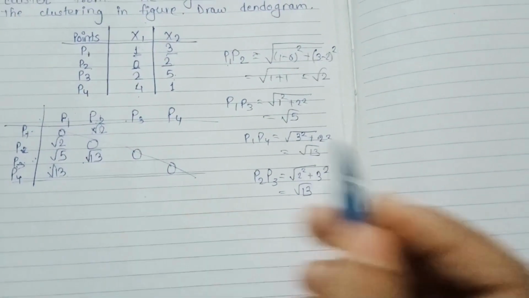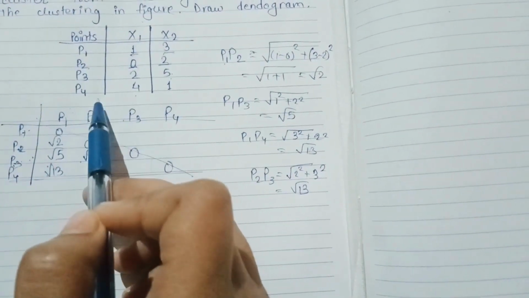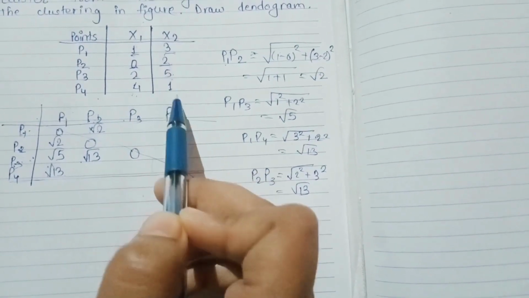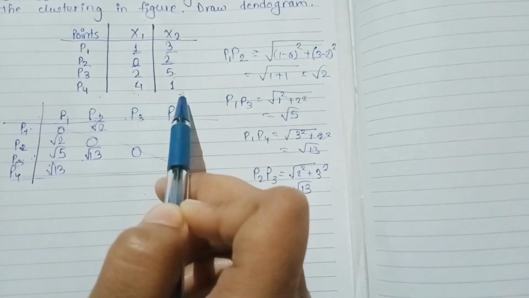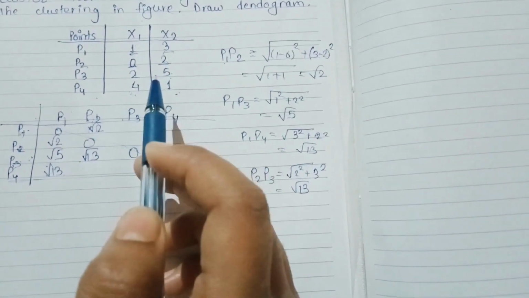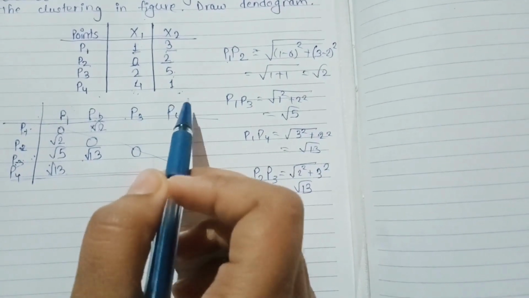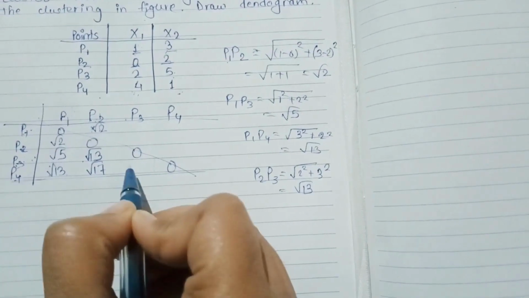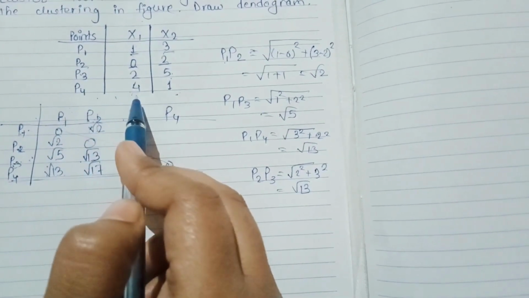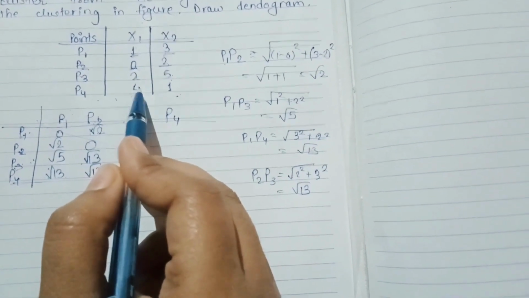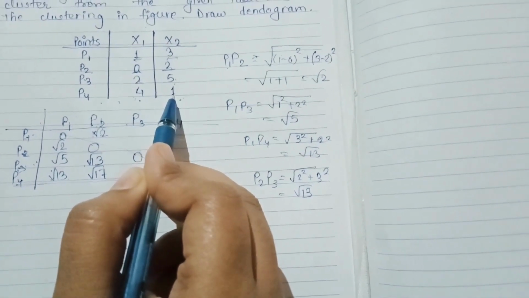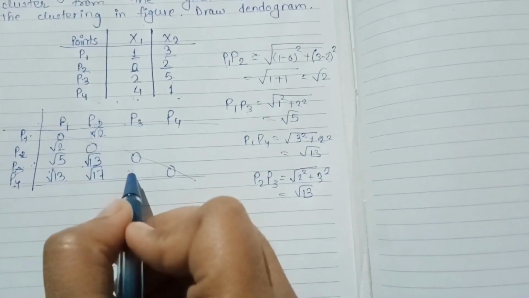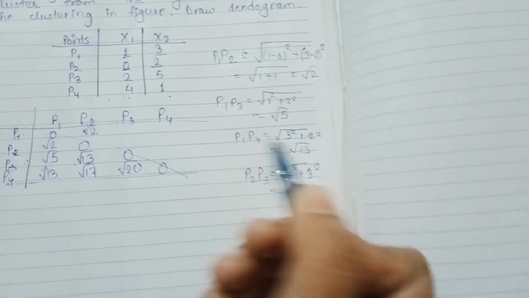Now P2 to P4: P2 is (0, 2) and P4 is (4, 1). So 4 square plus 1 square, that is 16 plus 1, that is root 17. Again P3 to P4: P3 is (2, 5) and P4 is (4, 1). 2 minus 4, that is 2 square, plus 5 minus 1, that is 4 square. That is 16 plus 4, 20, that is root 20.